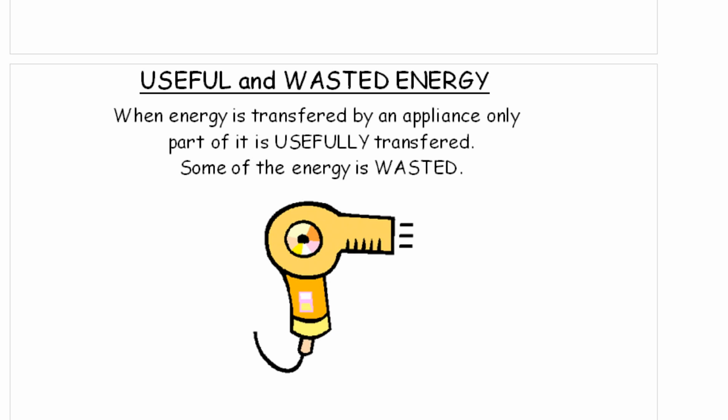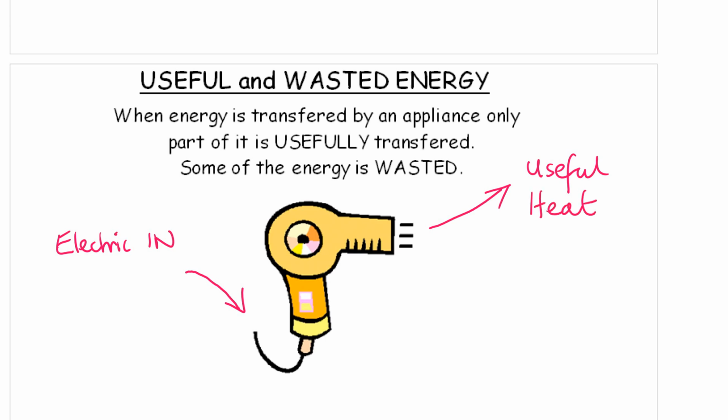So we've got energy going in and we've got energy going out. So the energy that goes in is electric. Electric in. Now we've got some useful energy out. So we've got useful heat. We've also got useful kinetic. Inside a hairdryer, you've got a fan, and the fan pushes out the air particles and heats them up.